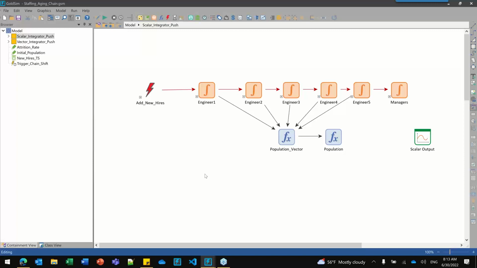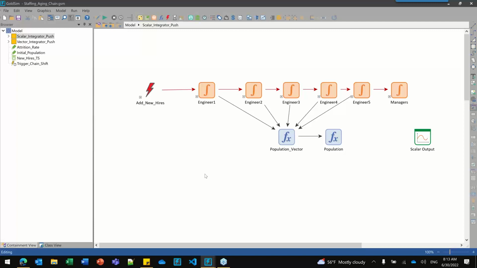So they're all 1 year apart, and after the engineer 5 year is complete, then they graduate to be a manager. So that's what we're simulating. A very simple setup, but intended to show you the detail of how an aging chain might work in GoldSim.